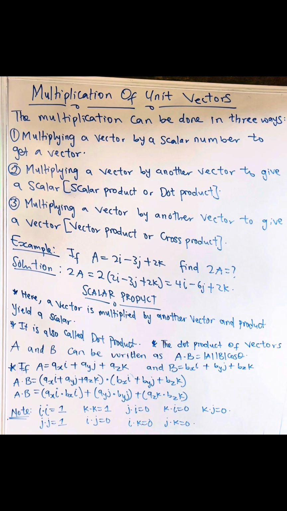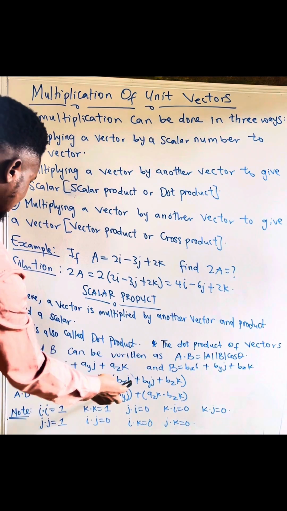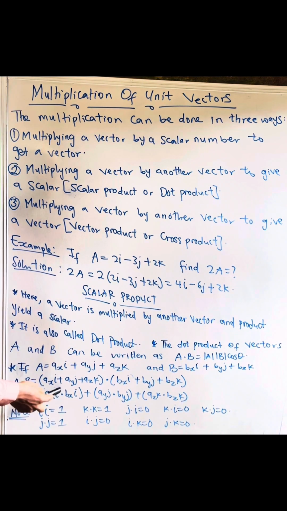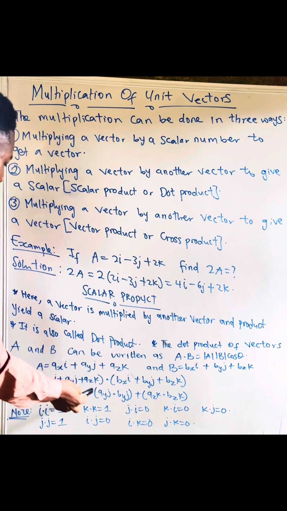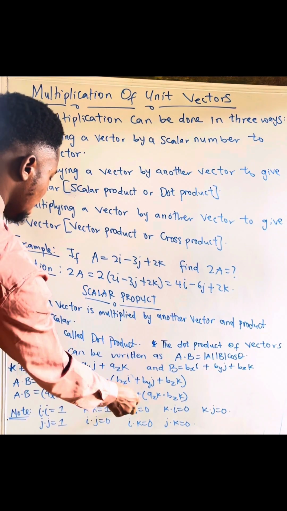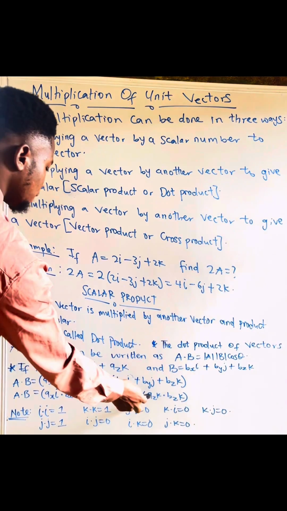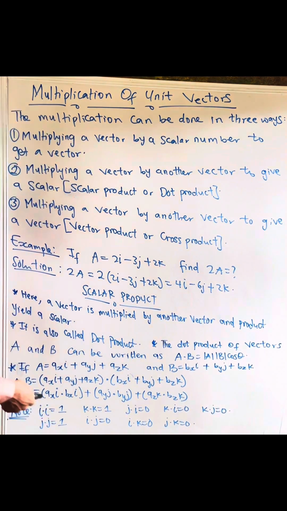So our A dot B will be AXi dot BXi plus AYj dot BYj plus AZk dot BZk. So that's how we are going to do it.